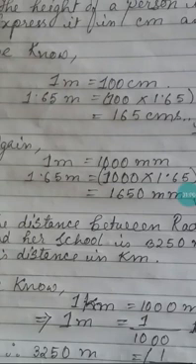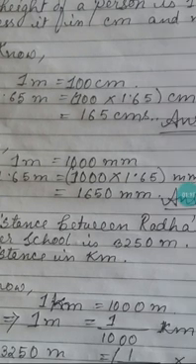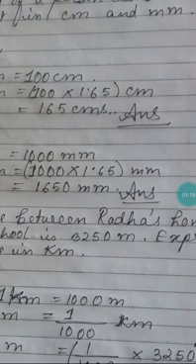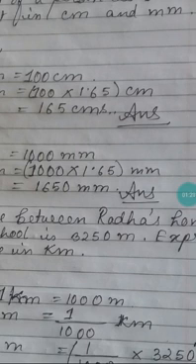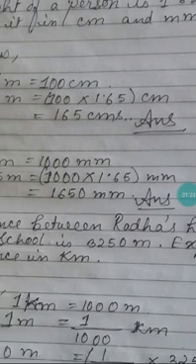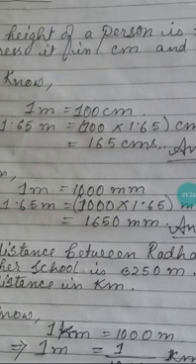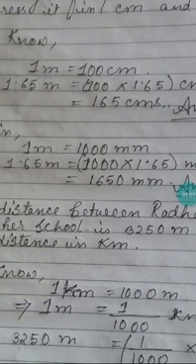Now see students, 1 meter equals how many millimeters? Yes, 1 meter equals 1000 millimeters. Now, 1.6 meter equals how many millimeters? 1000 into 1.6 millimeters. The answer is 1600 millimeters. The height of a person when expressed in millimeters is 1600 millimeters.